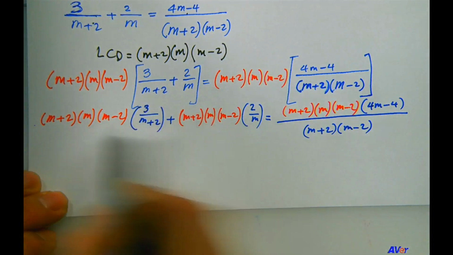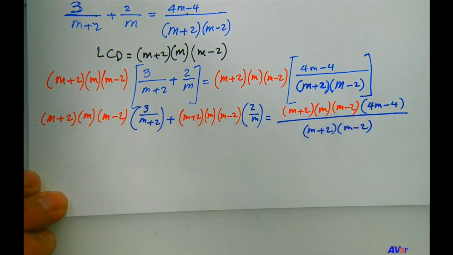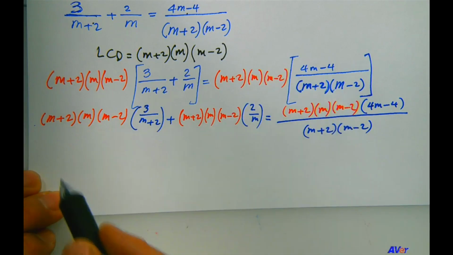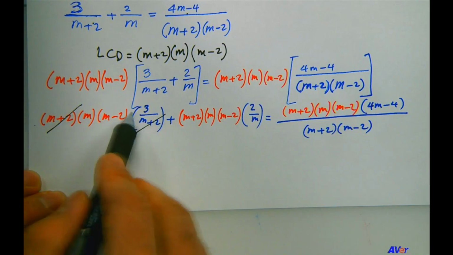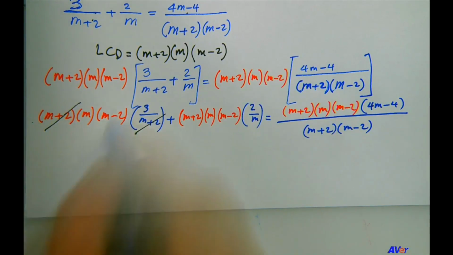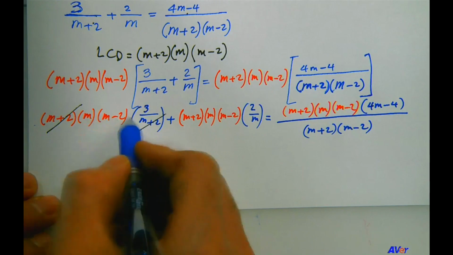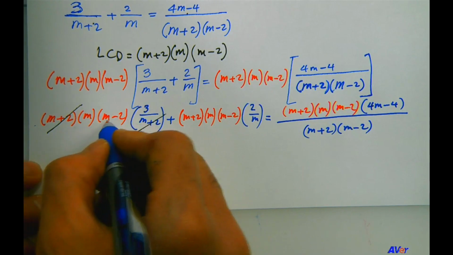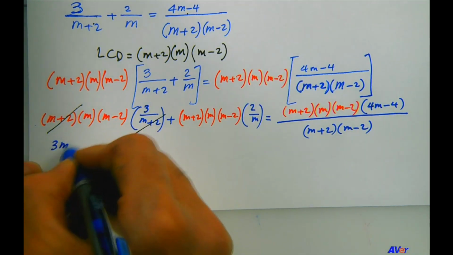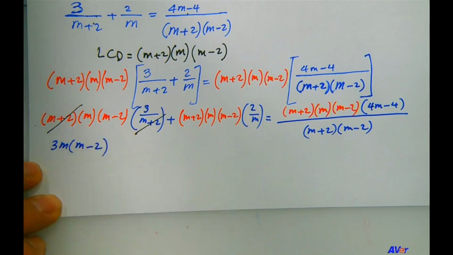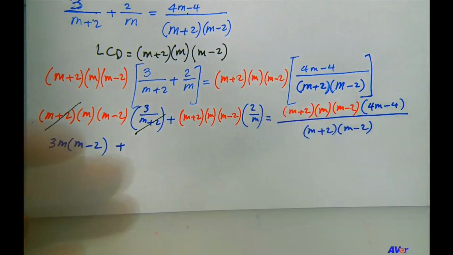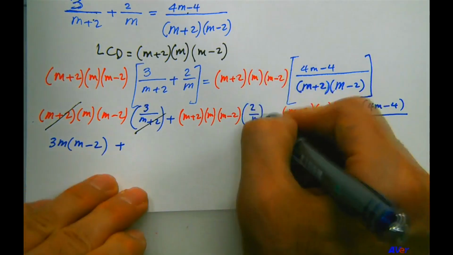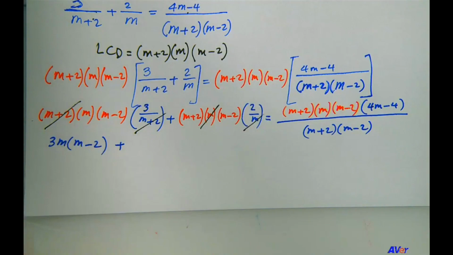So notice what happened. We first distributed, we didn't simplify. Now we're going to simplify. m plus 2 and m plus 2 cancel out. We end up with 3m times minus m minus 2, plus, on this side, m and this m cancel out.